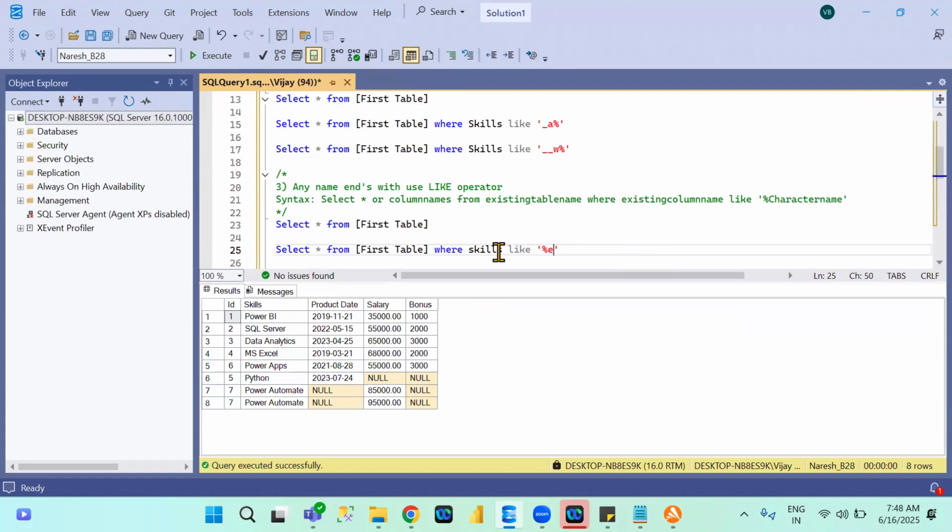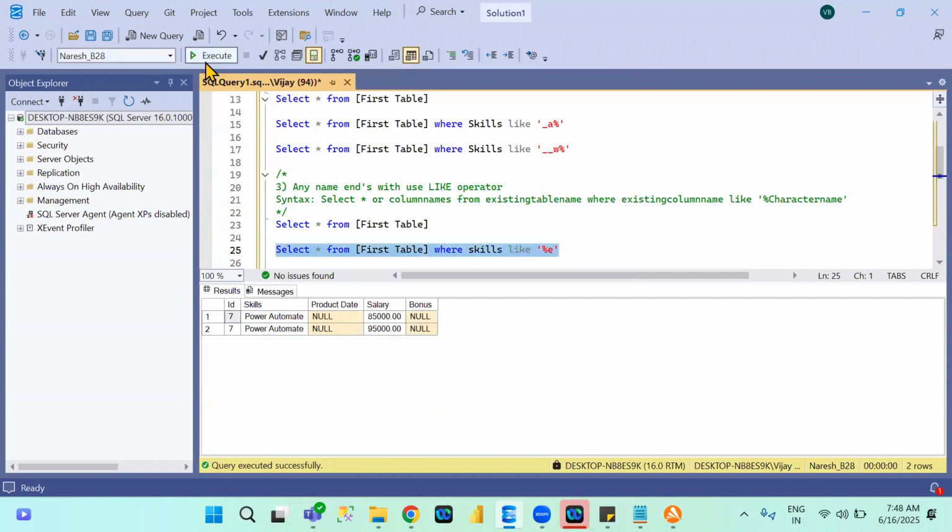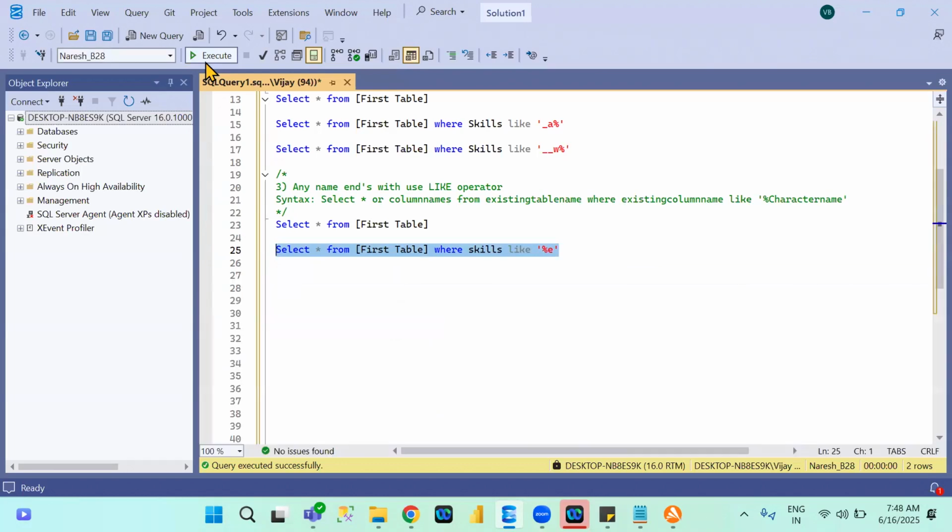See here. That means in the skills, which ones end with E? Power Automate is the only one? Yes. Understand or not? Is that clear? Okay.